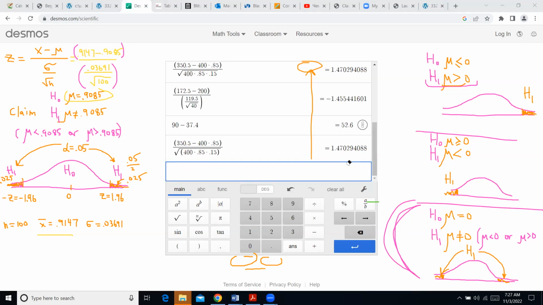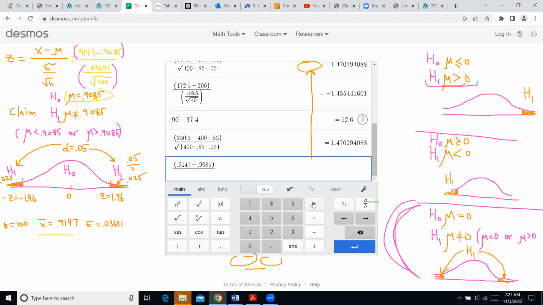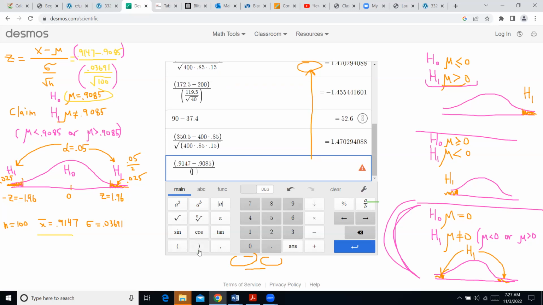So the numerator is going to be 0.9147 in the parentheses, subtract 0.9085. See those numbers, they're very, very little, and it is important not to round them. So just keep all the decimals with them.